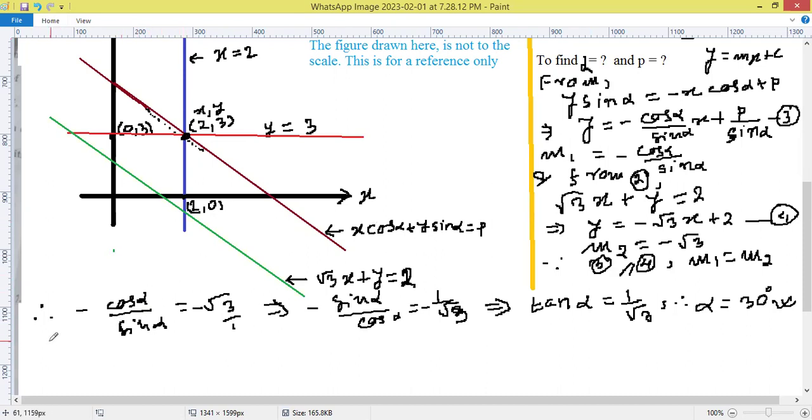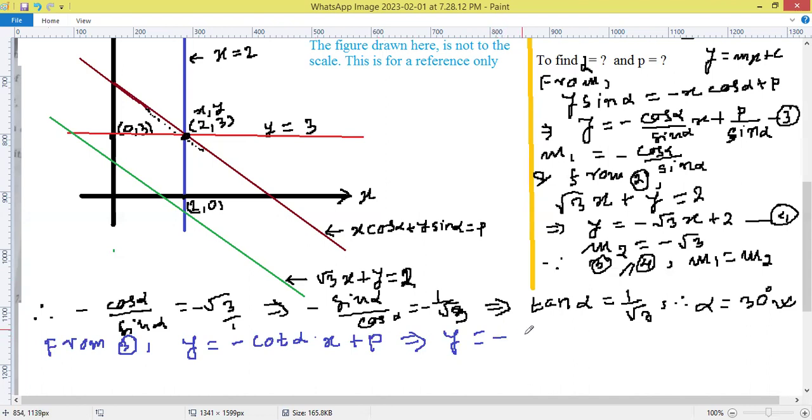From equation 3, it is y, and then you can call this minus cos alpha by sin alpha, which is cot alpha, times x plus p.